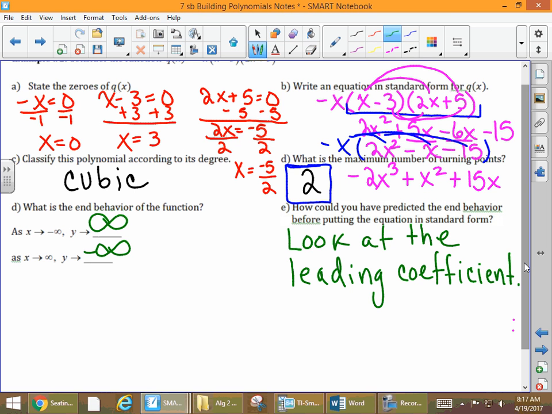It's all contingent on whether it's positive or whether it's negative. But if that's confusing to you, don't overlook the fact that you have a calculator that will show you or help you with what you need.